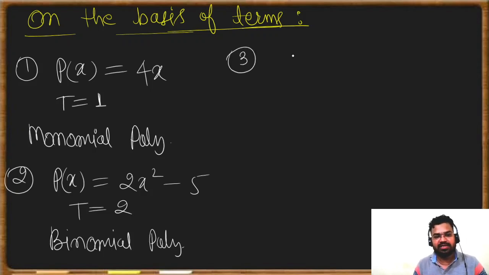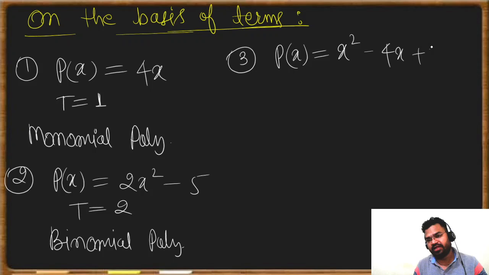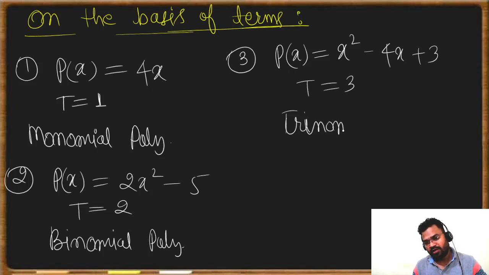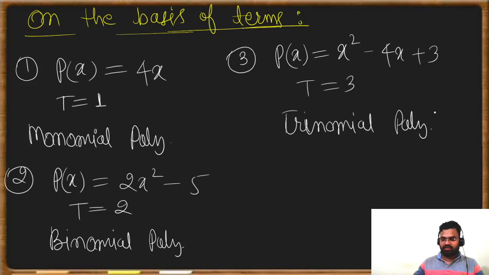And the third one: if the number of terms is 3, like x square minus 4x plus 3, this is known as a trinomial polynomial. So on the basis of the number of terms, we can classify the polynomial in three categories: monomial, binomial, trinomial.